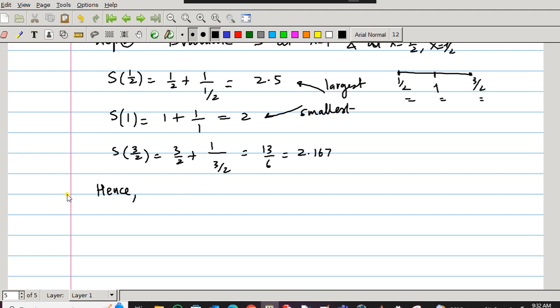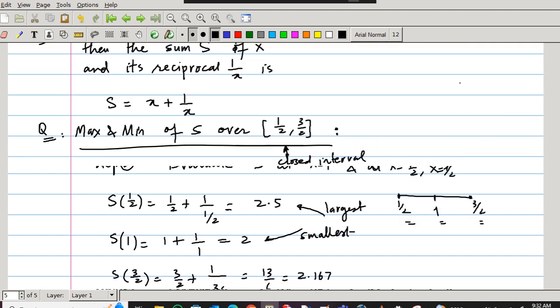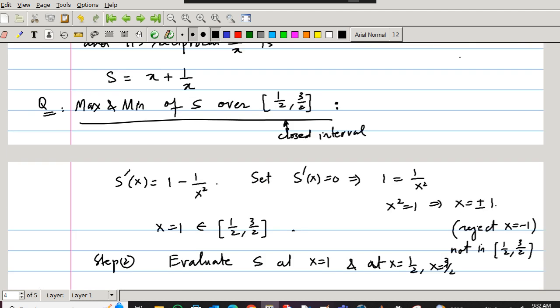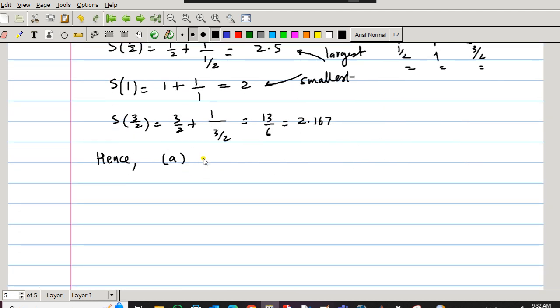He said as small as possible in A part. He said two things. In A part he said as small as possible and as large as possible, right? Yes, the first one is as small as possible. So I need small. So the sum is smallest when x is 1, and in b the sum is large.